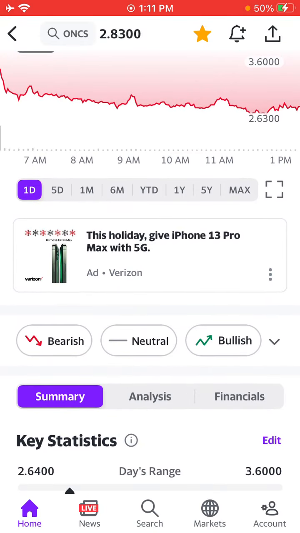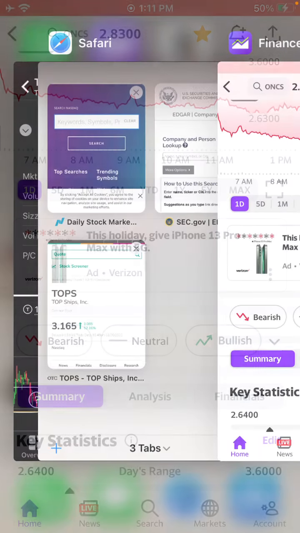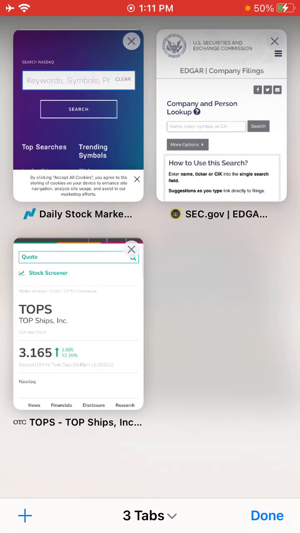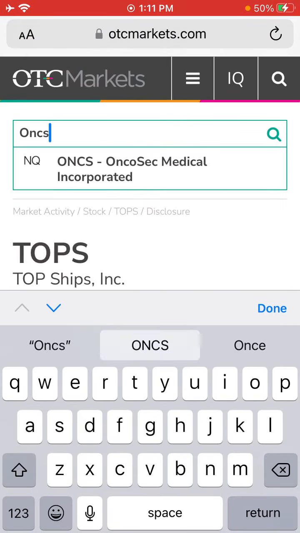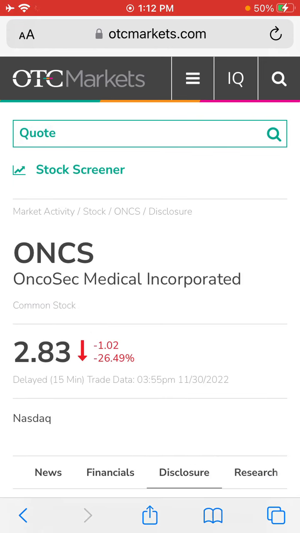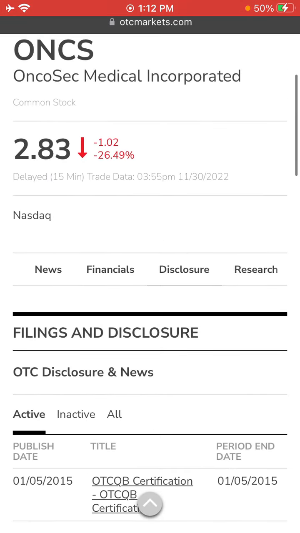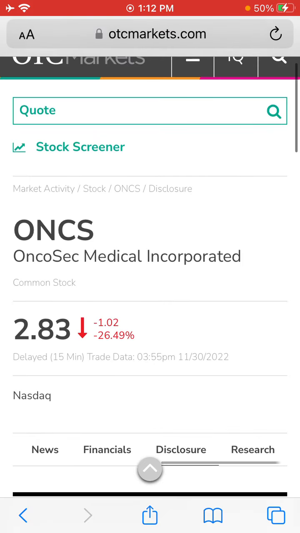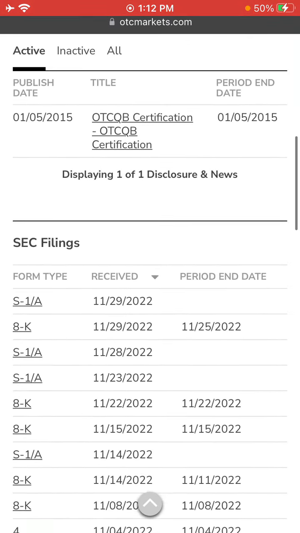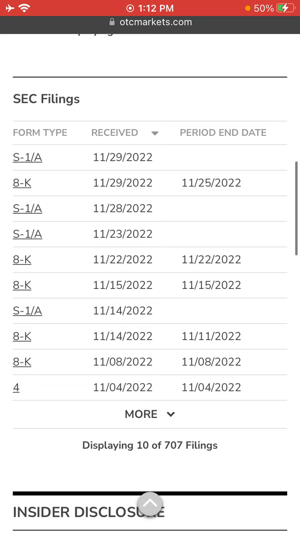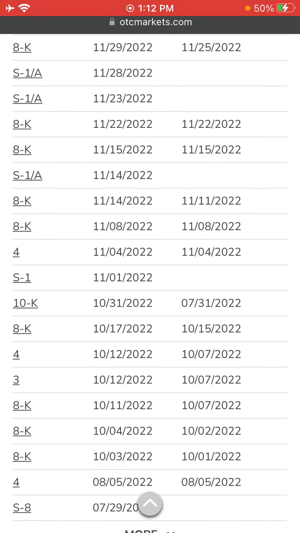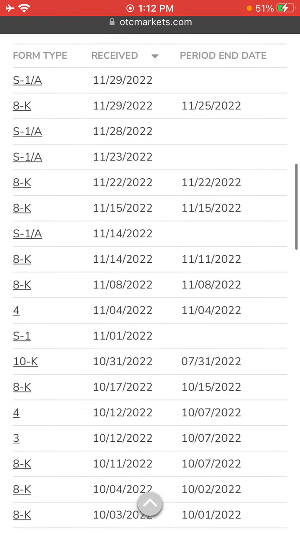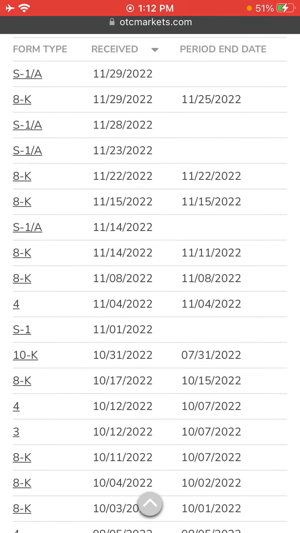Okay, so let me look for this stock, ONCS. And then I'll go to disclosure. And now if we scroll down, we can see the one that comes up first is the 10K.